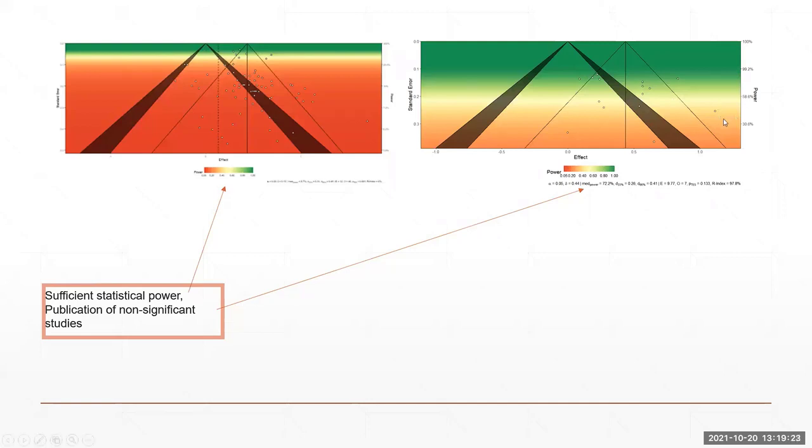And below here you have the reproducibility index that is near 100%. So if we reproduce the effect with the mean sample size of all studies included in the meta-analysis, we will have 100% chance to replicate the effect if the effect exists. And this effect is about the vicarious cognitive dissonance, if I'm correct.